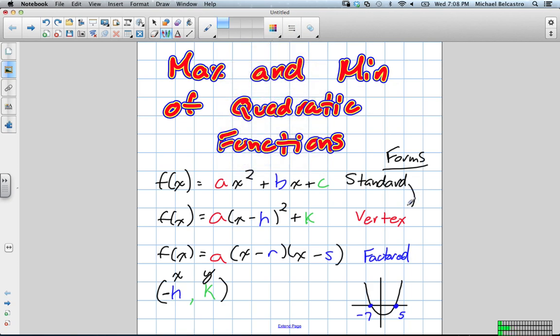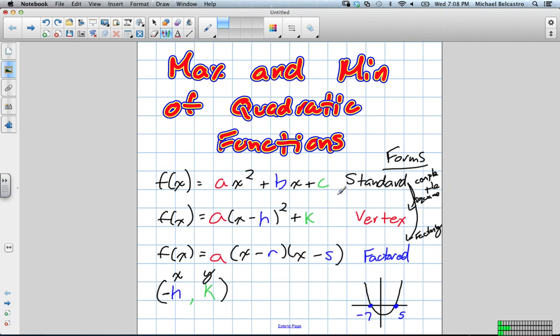To go from standard to vertex, it's called completing the square. To go from standard to factored, we use something called factoring. Makes sense, right?